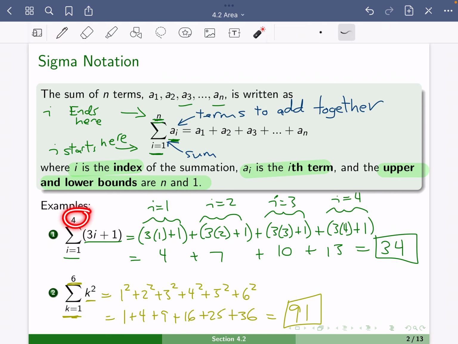Here we stopped at 4 and 6, and so it was easy enough to write those out. But what if we went up to 100 or 1,000? Or if we went up to some arbitrary value n, can we come up with sums to represent that? Can we add those together using a formula? So we'll look at that next time. We'll see you there.